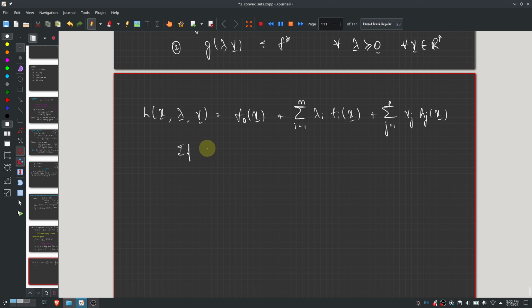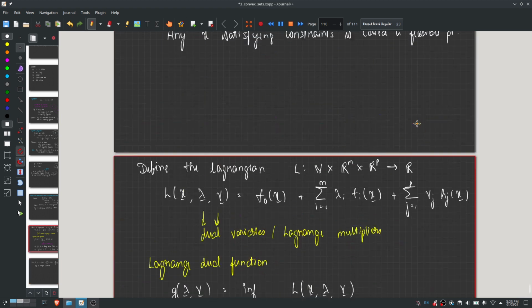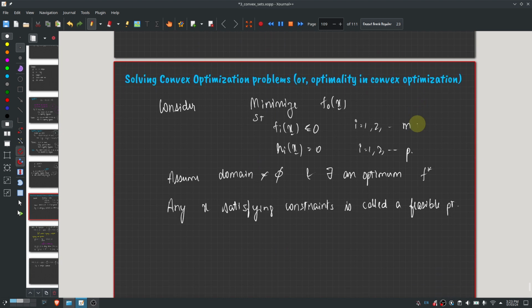Now suppose that x satisfies all the constraints. Then what can you say about h_i of x? Go back to the definition.